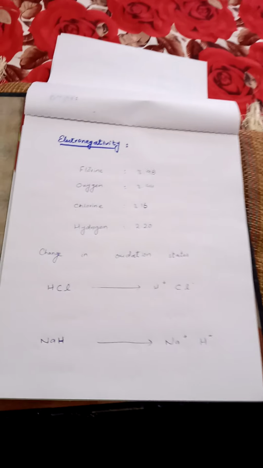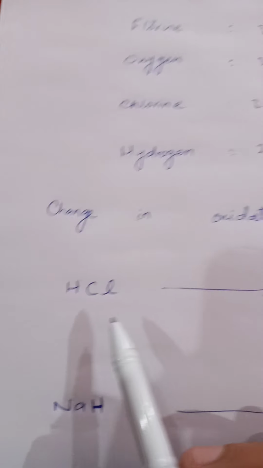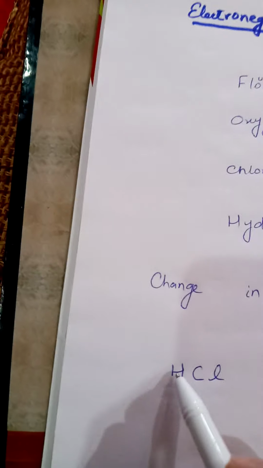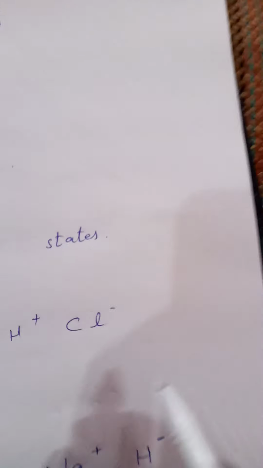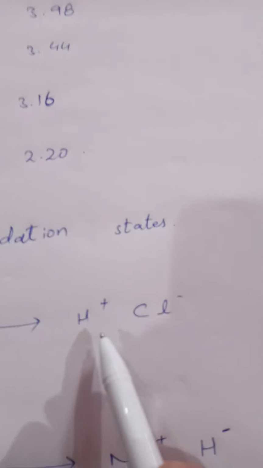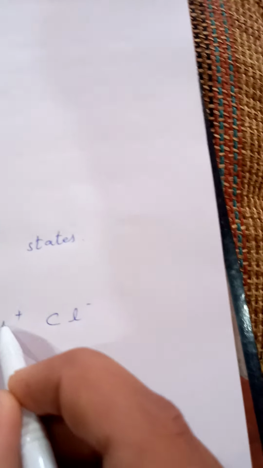We also see that the oxidation state changes. In some compounds, the oxidation state varies from compound to compound for the elements. For example, we have HCl. In this compound, hydrogen loses the electron and chlorine gains the electron, so hydrogen has a positive charge and chlorine has a -1 oxidation state.